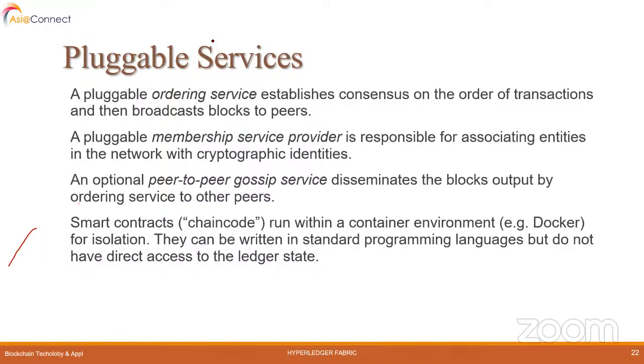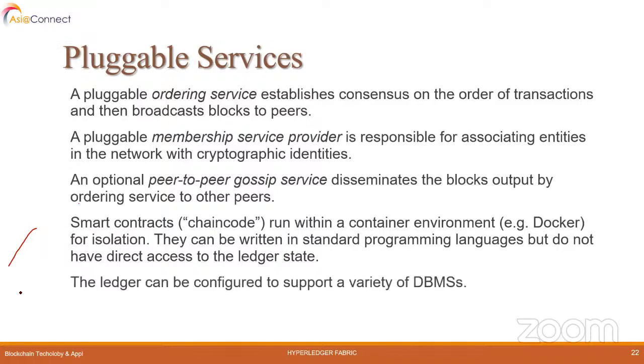They can be written in standard programming languages, but do not have direct access to the ledger state, remember. The ledger can be configured to support a variety of DBMS. I mean, some of you were talking about databases yesterday. So here, it gives you an opportunity to devise your own databases so that things become easy for people who will be doing business with those databases.